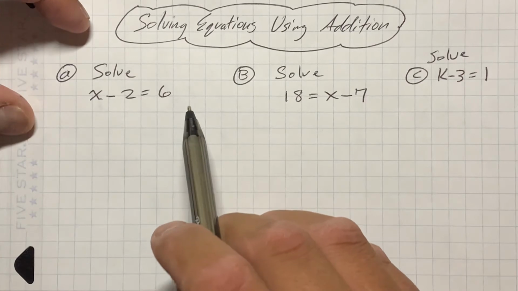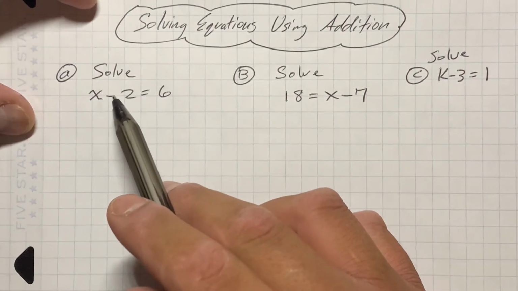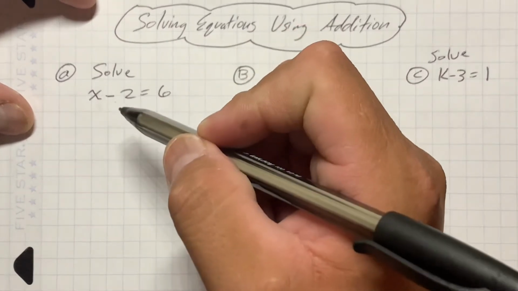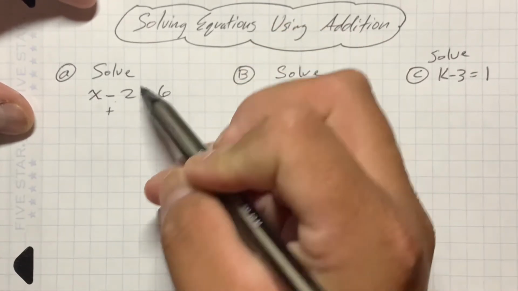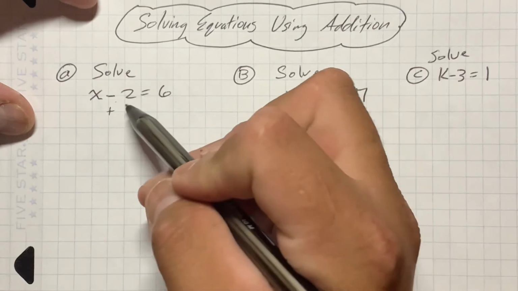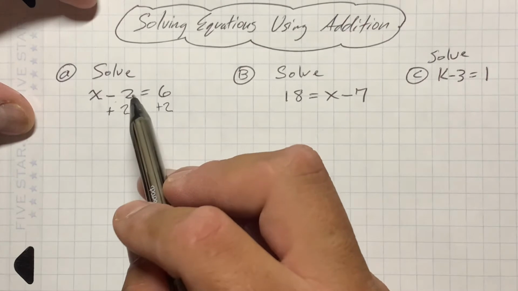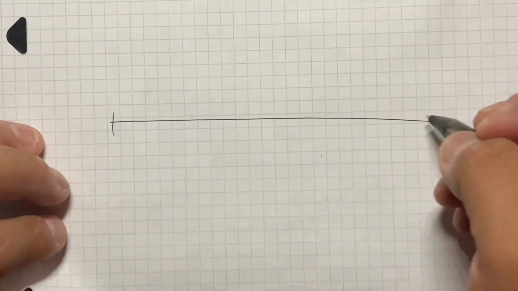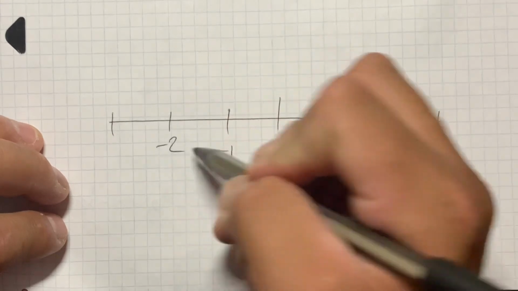Now again, remember that we're going to use the inverse operation of subtraction and reverse this. So the inverse operation of subtraction is going to be addition. So since this is minus 2, we're going to have to add 2 to each side of the equation. Now, negative 2 plus 2 is 0. Okay, so if we have like a number line here, here's 0, here's negative 1, here's negative 2.